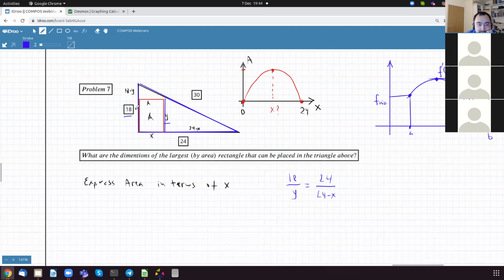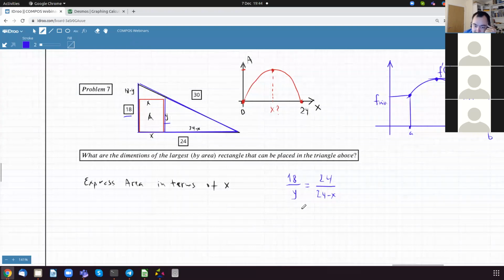I hope that makes sense. This is like the scale factor. One triangle is an enlarged version of the other, so this is like the scale factor of the enlargement.